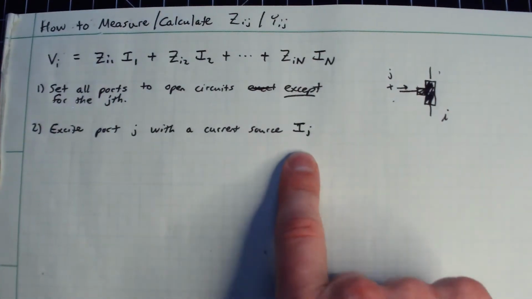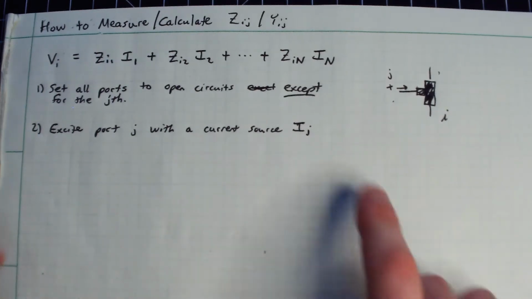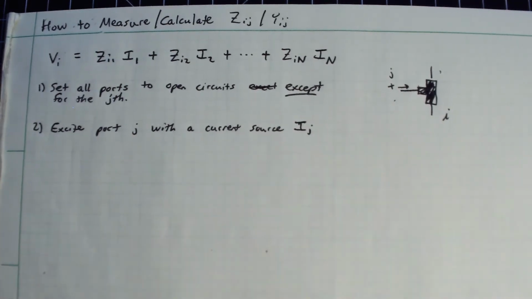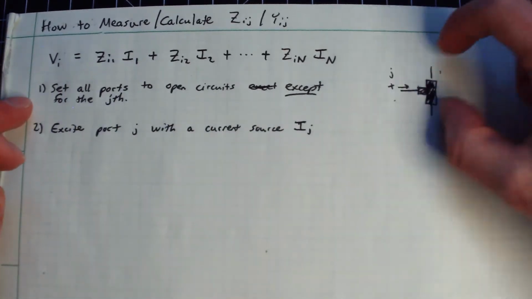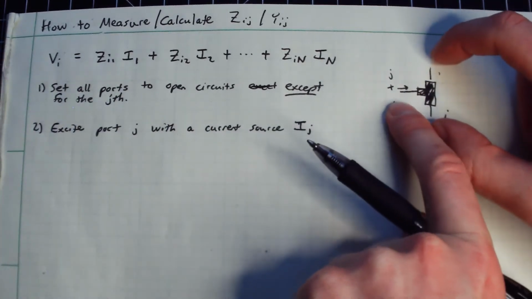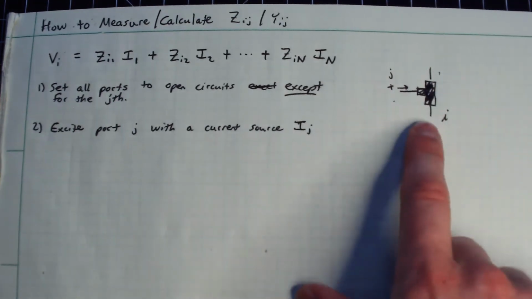And again, we will do examples of this, so don't feel bad if it doesn't quite make sense. This is a generalization of the Thevenin equivalent circuit notion. So we set all of our ports to open circuits, excite j with some current source, and then I will just measure the voltage at port i.